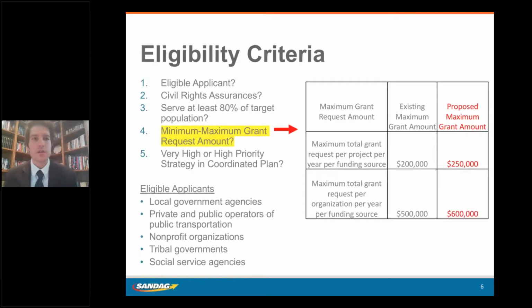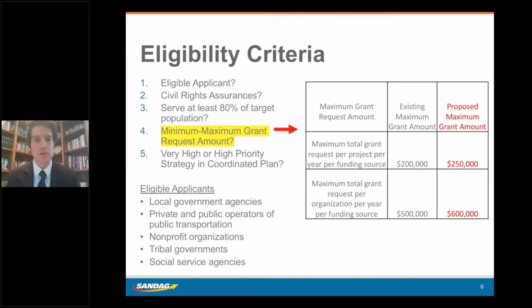So for the eligibility criteria. In 2011, the Transportation Committee approved minimum and maximum grant request amounts for the Specialized Transportation Grant Program, which have not been modified since. For Cycle 11, staff proposes increasing the maximum total grant request per project from $200,000 to $250,000 per year per funding source.